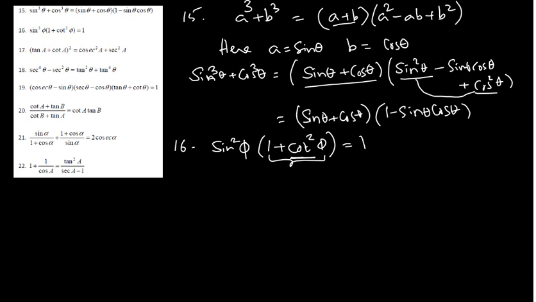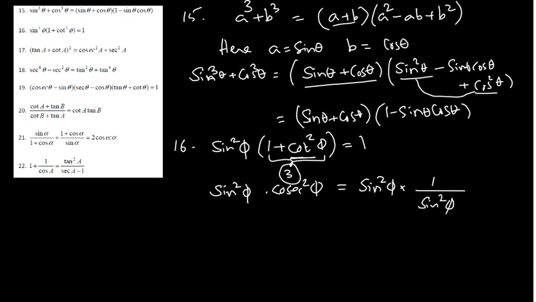You get cosecant square phi. So now put this as a reciprocal: sine squared phi multiplied by 1 by sine squared phi. So this gets cancelled, leaves one. Answer, 16.